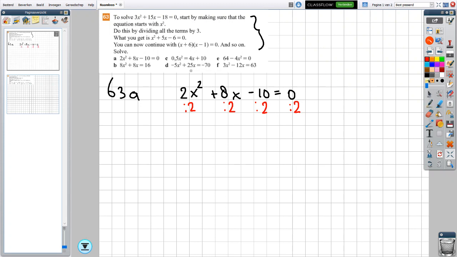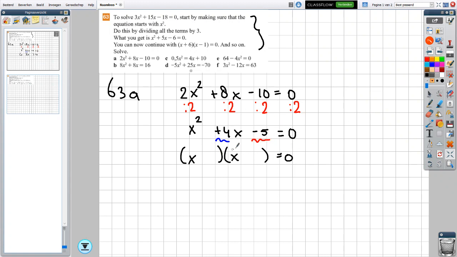Okay? So this will leave me with x squared plus 4x minus 5. And dividing 0 by a number always gives me 0 again, right? And now we're left with something that we can solve using the product sum method. Then we're asking this question again: which two numbers added are 4 and multiplied are minus 5?